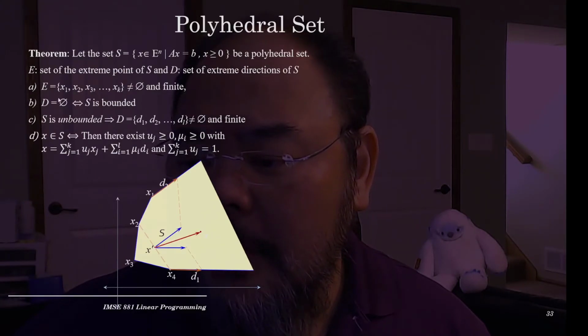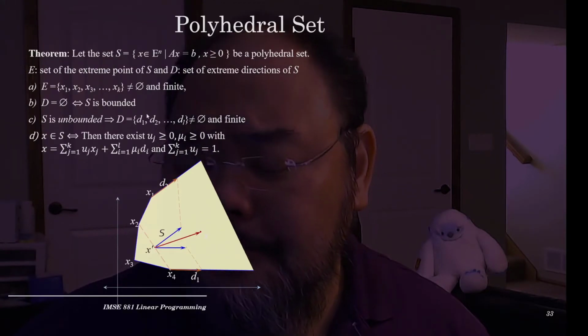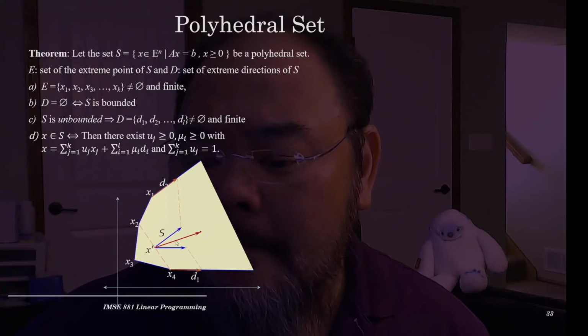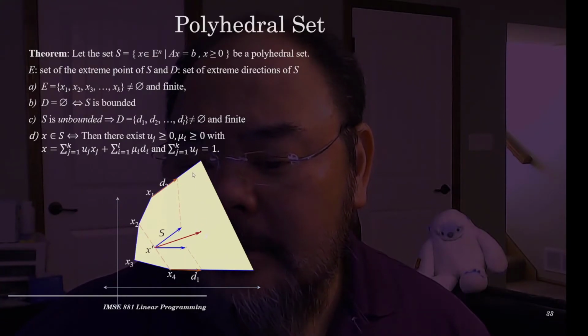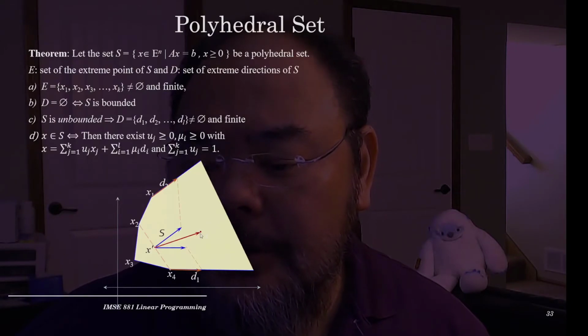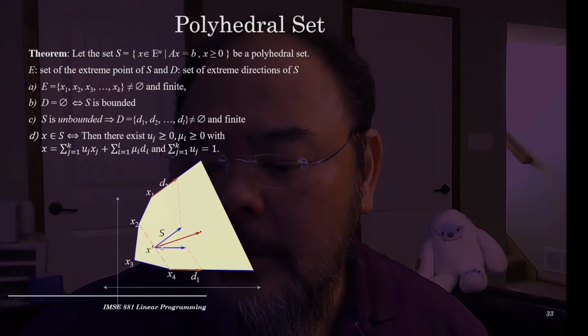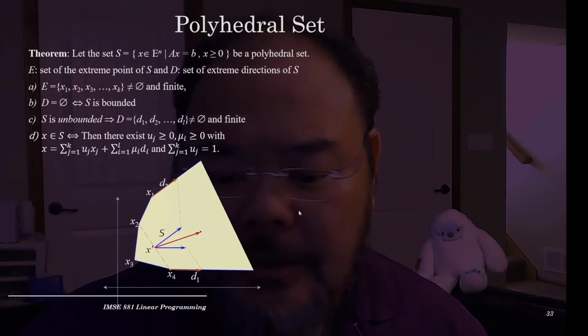If the extreme direction set equals the empty set, then S is bounded. But anyway, any x within this feasible region can be represented as a convex combination of extreme points and a cone combination of extreme directions.